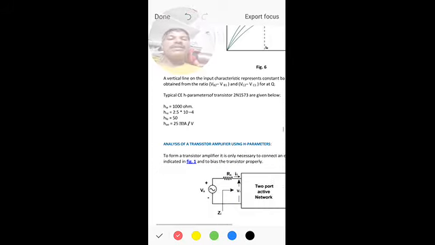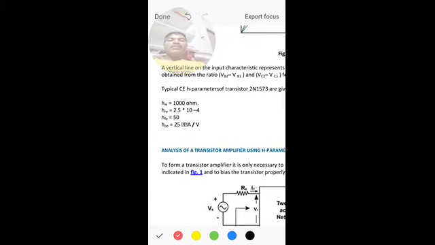The typical H parameters of a transistor: HIE, the input impedance, is around 1 kilo ohm, HRE is 2.5 × 10 power minus 4, HFE is around 50, and HOE, the output admittance, is 25 microamperes per volt.